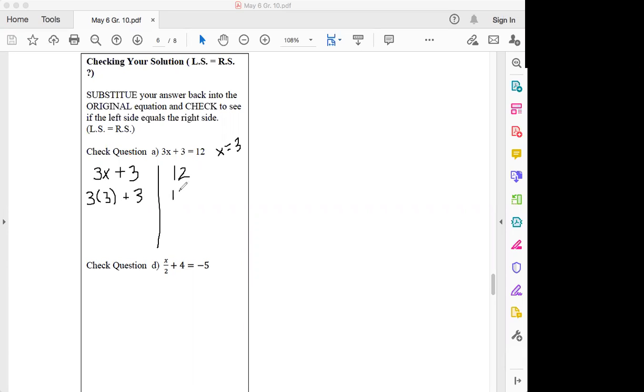Keep in mind BEDMAS. We have to do the multiplication before we do the addition. So we do 3 times 3 first, which is 9. And then you do the addition. So 9 plus 3 is 12. And we wanted 12, so that works.